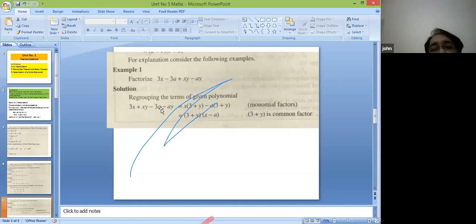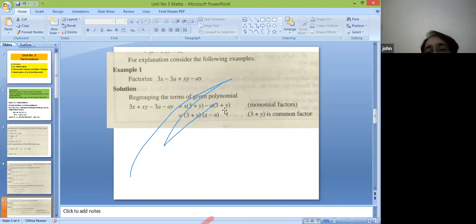Similarly, as we have arranged minus 3a with minus a, now we have all these arranged. You can say this is rearranging, or regrouping of the terms of the given polynomial. So x we can take first as common, then 3 plus y is the remaining factor. Similarly, minus is there in both the remaining two terms, minus a and then 3 plus y.